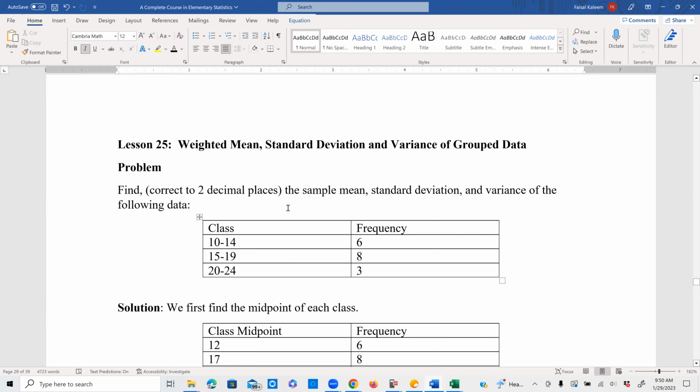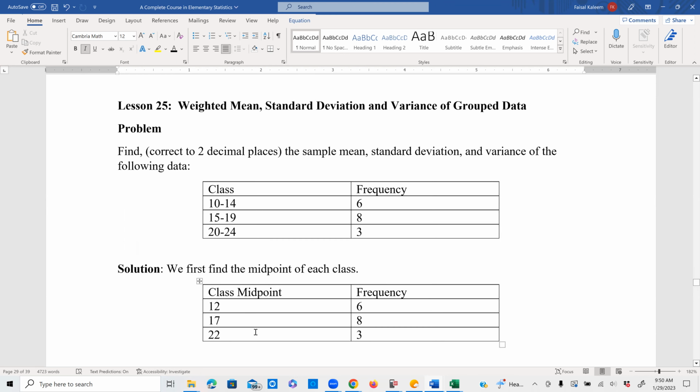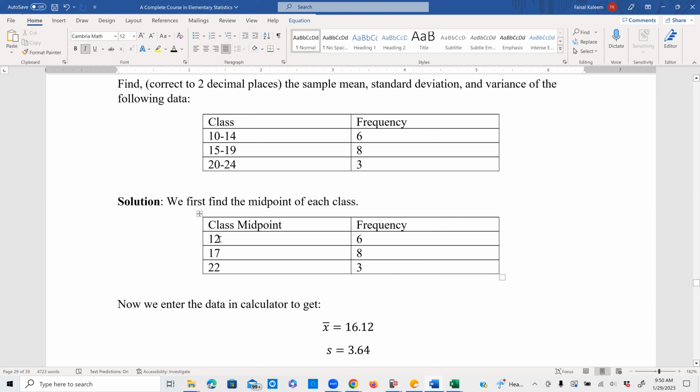Weighted mean. Find, correct to 2 decimal places, the sample mean, standard deviation, and variance of the following data. In this case, we have grouped data. So we first get the midpoints. So midpoints are 12, 17, and 22.